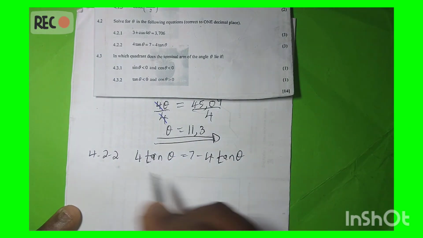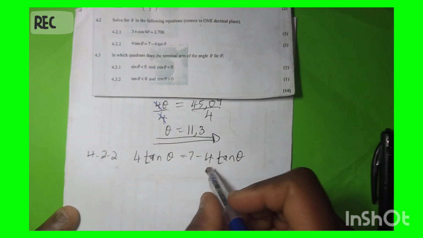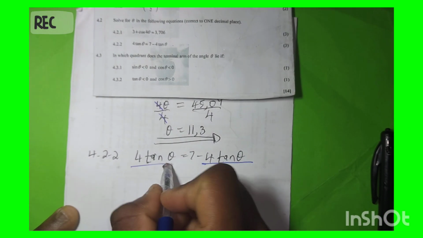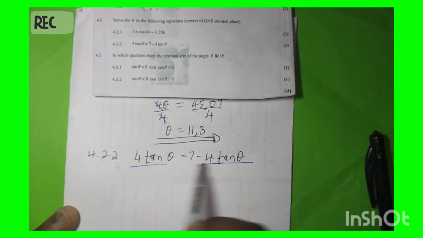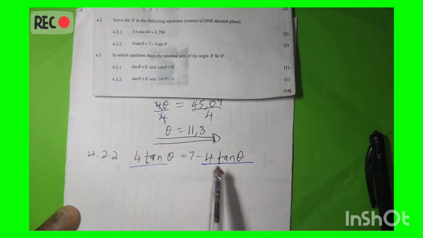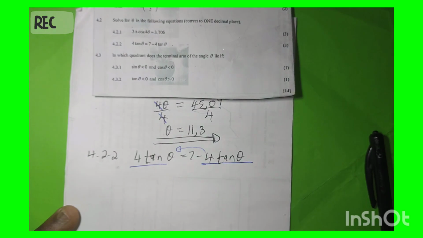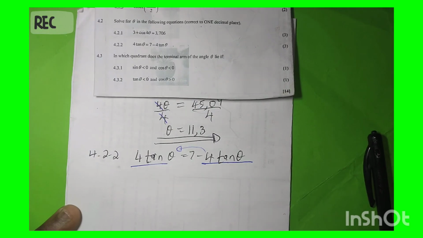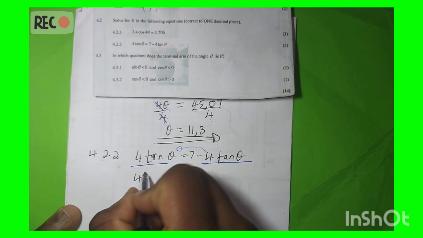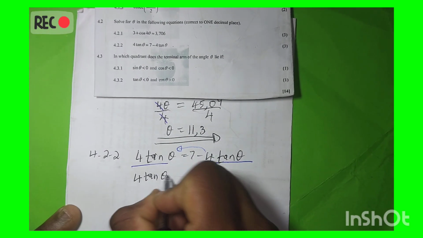So for you to solve this question, you see this is tan, and that one is tan. Both of them are tan, meaning that both of those two things are like terms. What you can do, I can take this to the other side, because it's tan and tan, and this will become 4 tan theta.